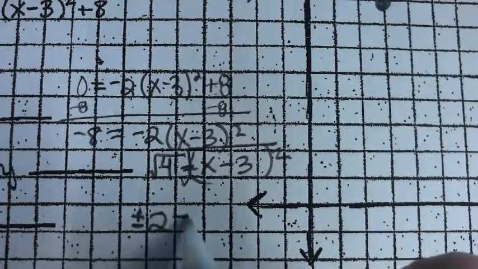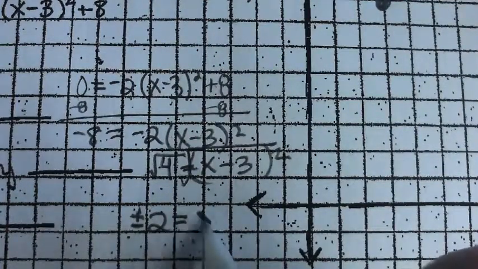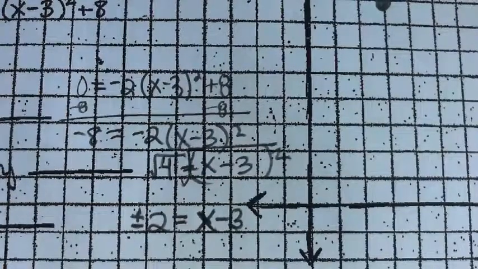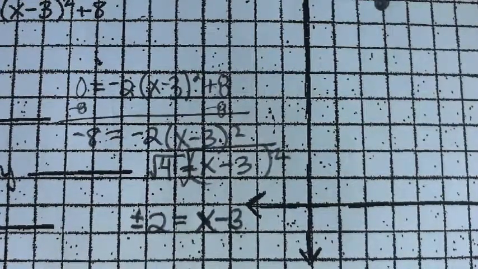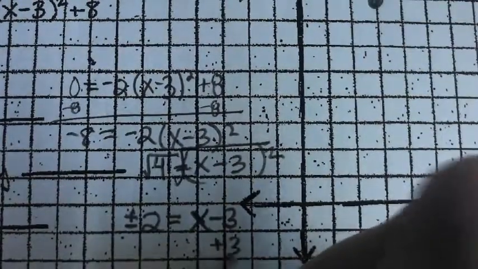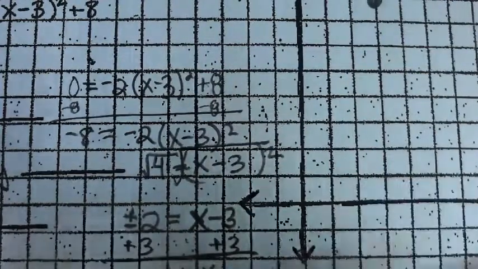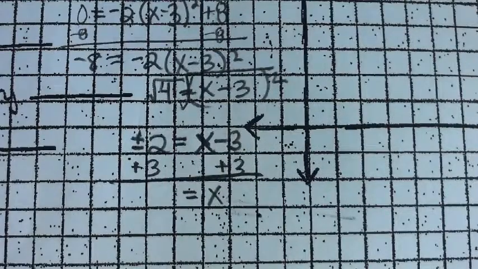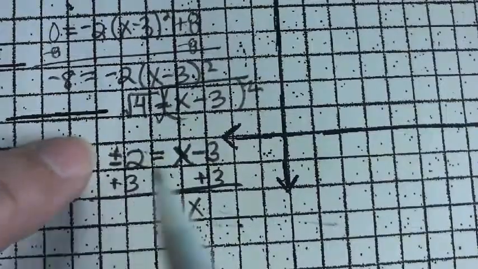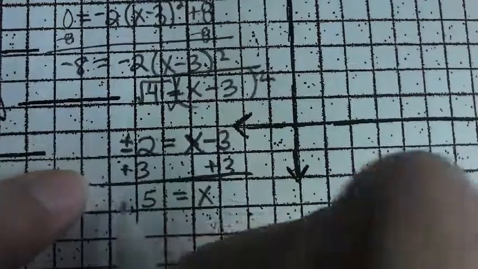Perfect. Plus or minus 2 equals x minus 3. Good. And then when I add 3 to both sides, Michelle, what is that going to give me? Five and 1. Very good. +2 plus 3 is 5, and -2 plus 3 is 1.